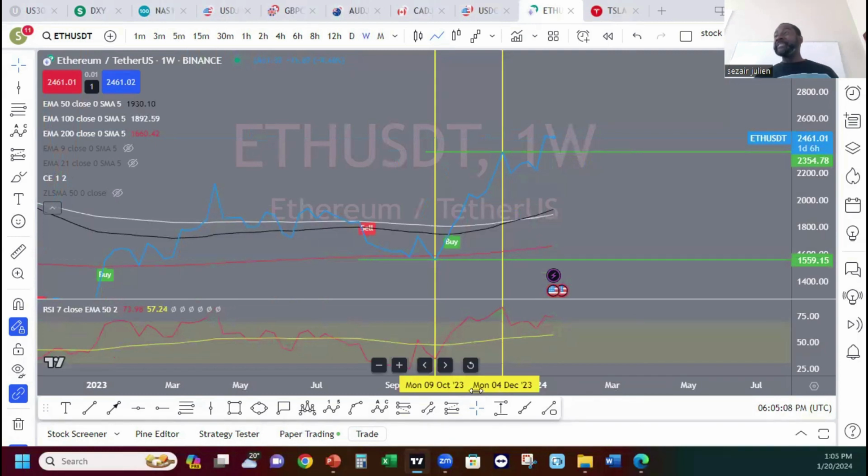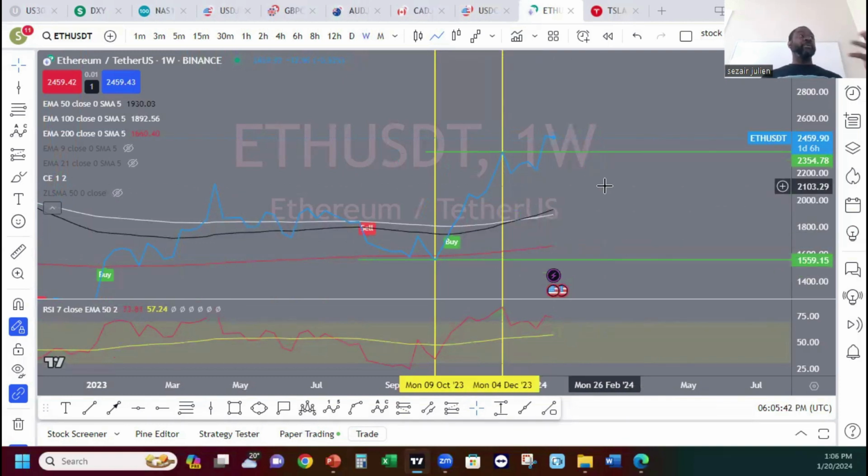During that short period of time, end of October, November, and beginning of December, the price of Ethereum changed from that point here to that point. You see, it's almost double. So if you bought Ethereum at 1560, and sold at $2,354, you would make almost double your money.